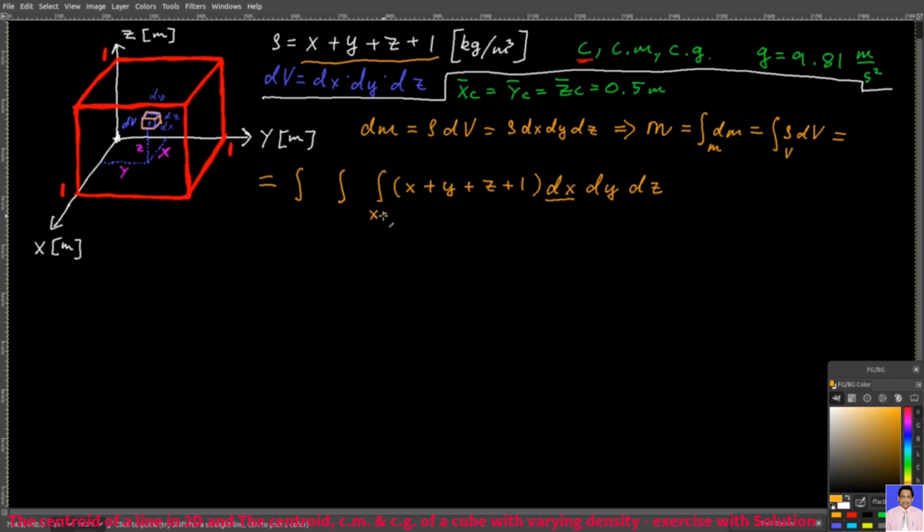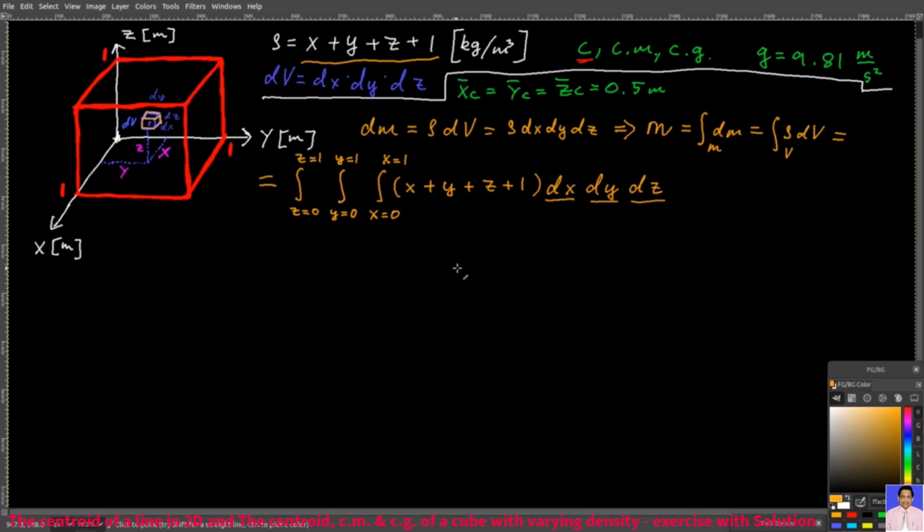Therefore, in here, I will integrate from x equals 0 till x equals 1 meter. Then here I have dy. It's my middle integral. So in here, I will put from y equals 0 till y equals 1 meter. And then finally, I have dz here. That's my most outer integral. I integrate it from z equals 0 till z equals 1 meter.